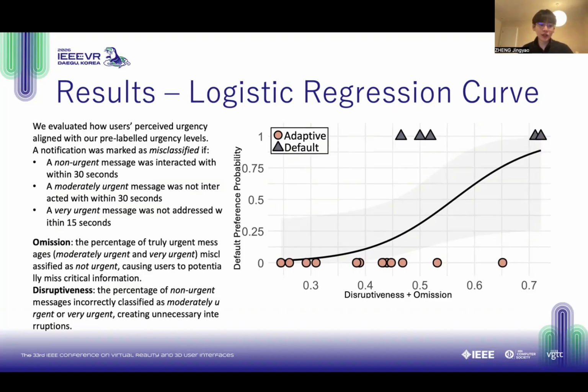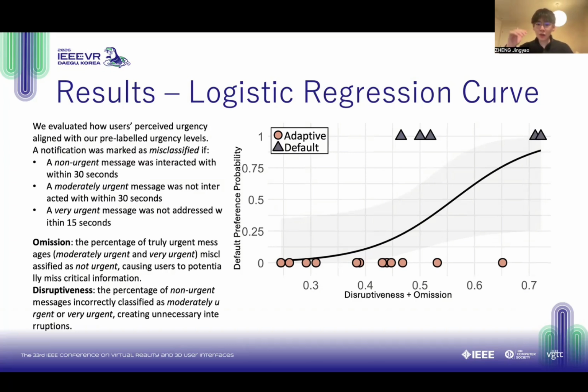And we define two terms to represent the adaptive notification system performance, or accuracy. One is omission, the percentage of truly urgent messages misclassified as non-urgent, and disruptiveness, which is the opposite condition.